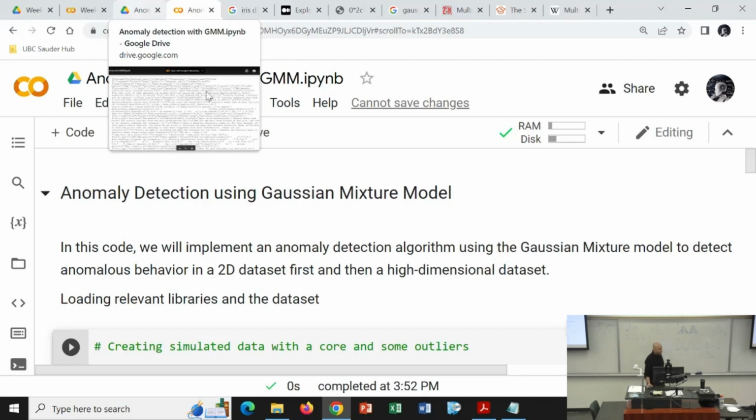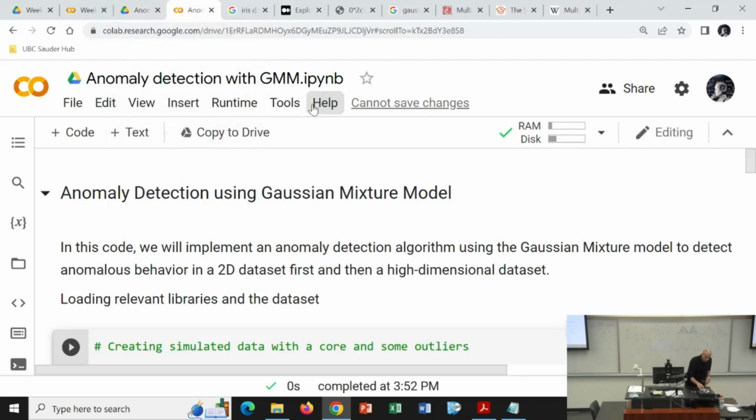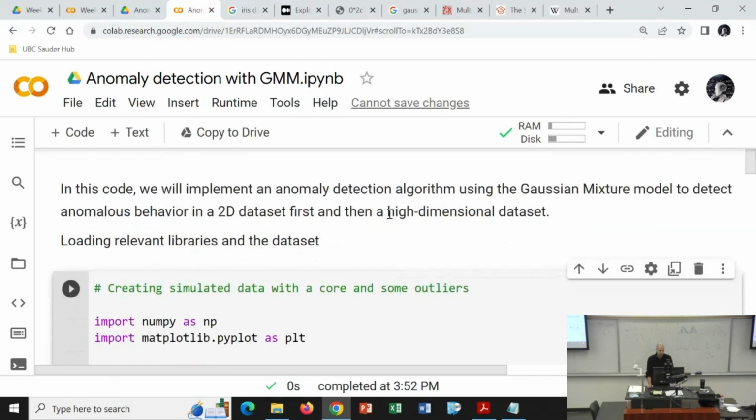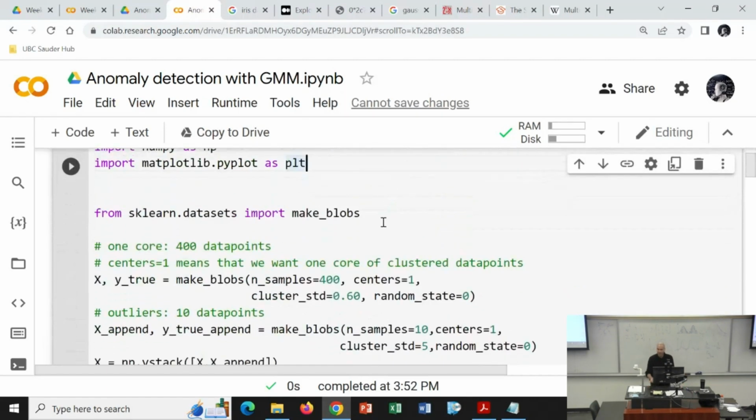Right. So let's go over the code. So here, first I'm going to create some synthetic data. I'm going to create 400 data points and call them the core.